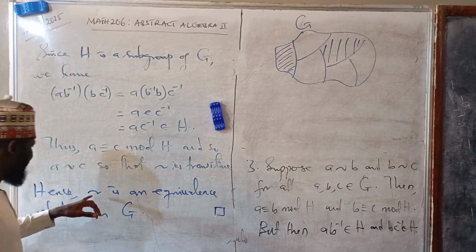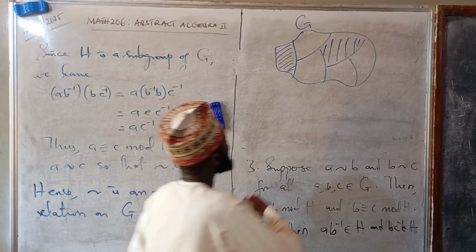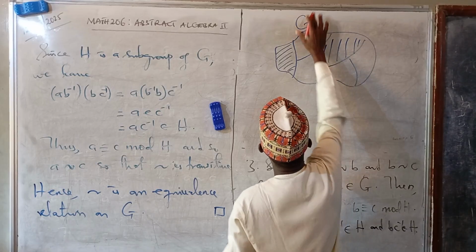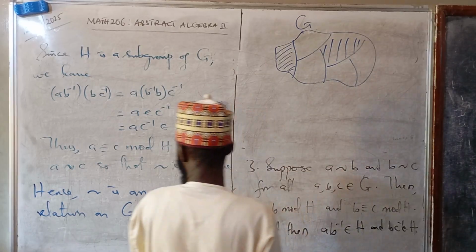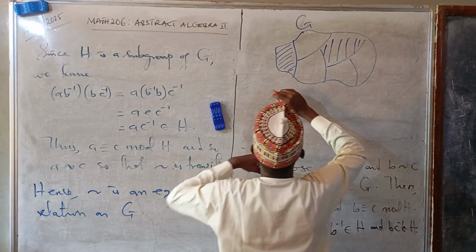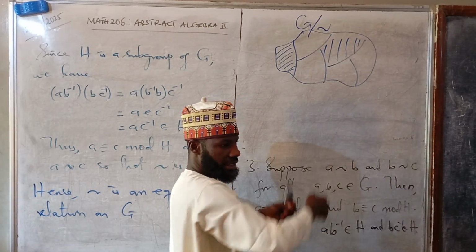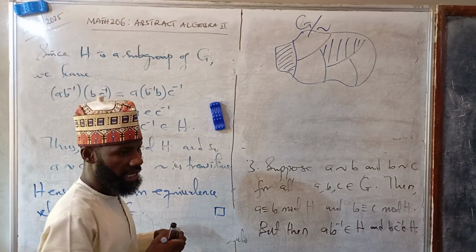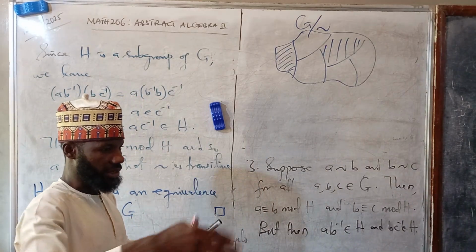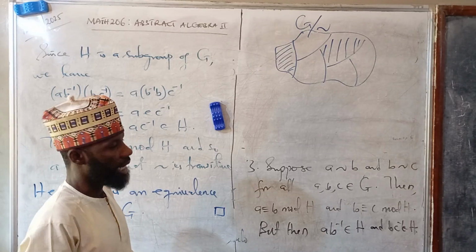But then what is a class under this? What we mean is this entire group is partitioned into these classes. It is divided by the relation; the relation is dividing the group into classes.